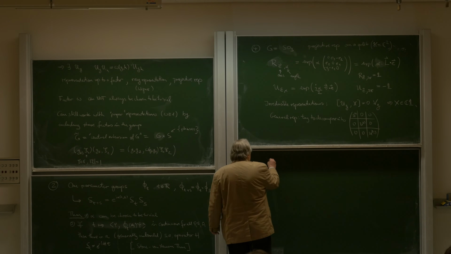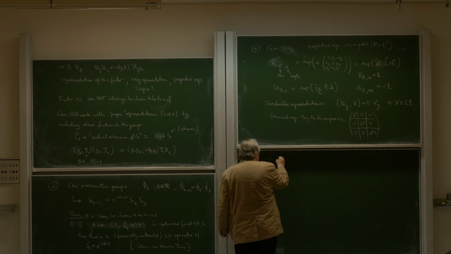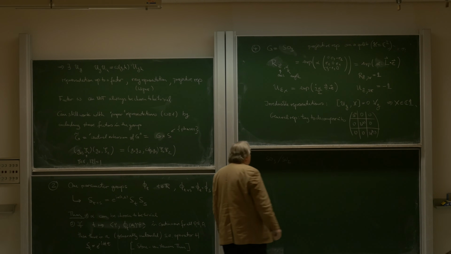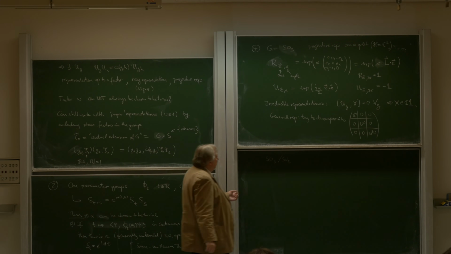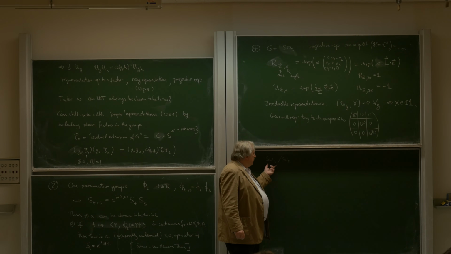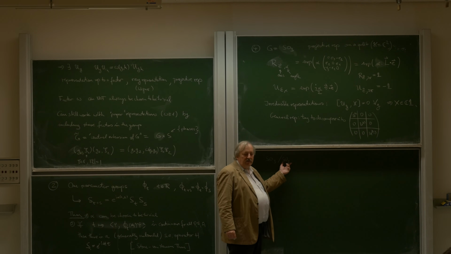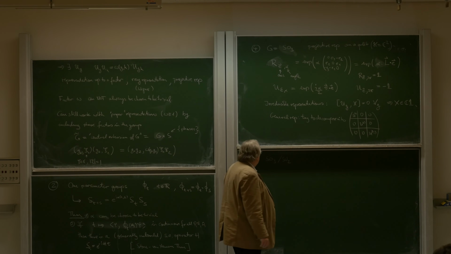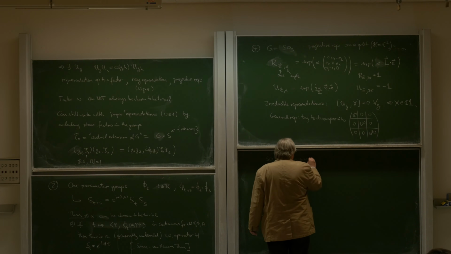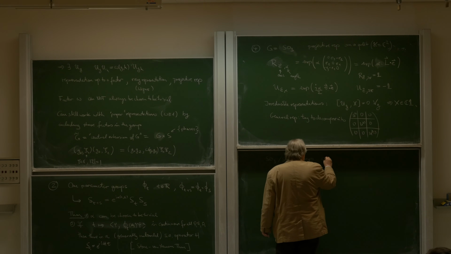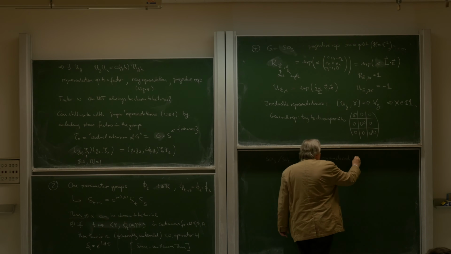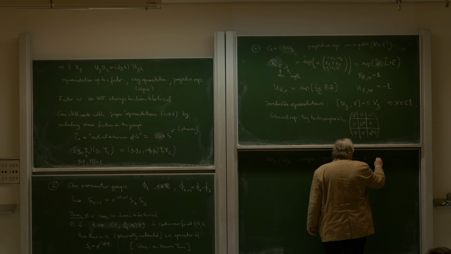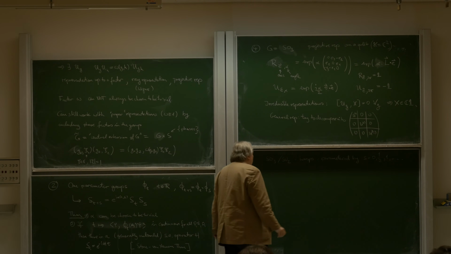So for SO3, the universal covering group there is SU2, so actually every projective representation of SO3 becomes a proper representation of SU2. These are parameterized by S, and S takes values 0, 1/2, 1, and so on.